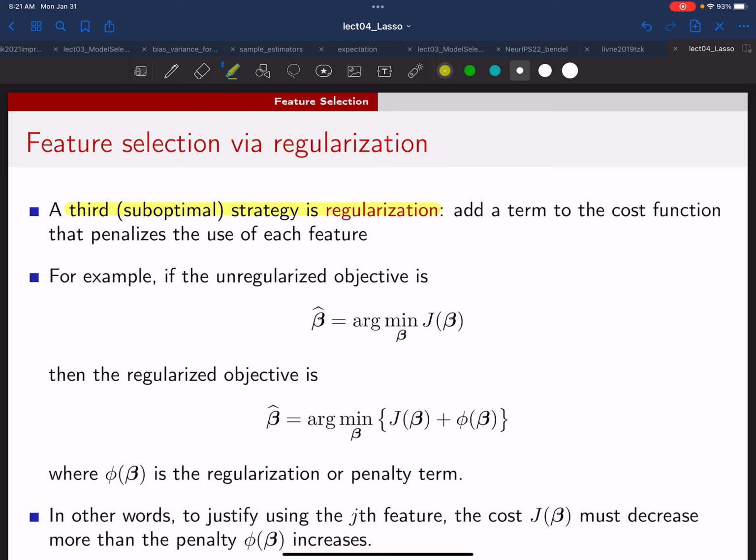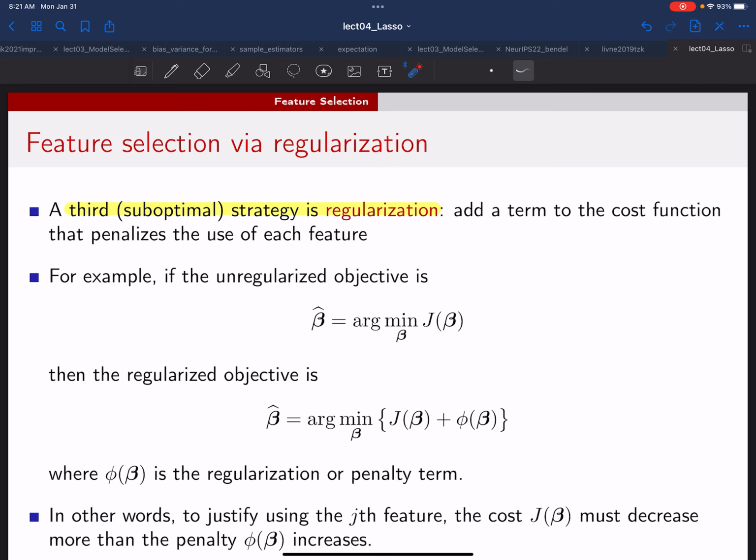Okay, so the way to understand this is that until now, when we did our machine learning, we always focused on a problem that looked like this. So we have some model and some cost. We'll just call the cost J. So this could be like RSS. And then our model coefficients are beta.